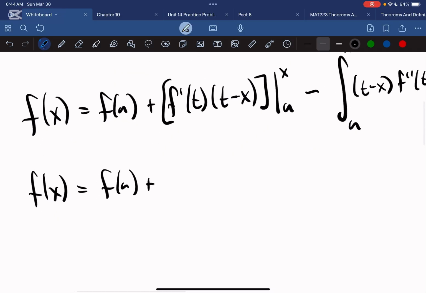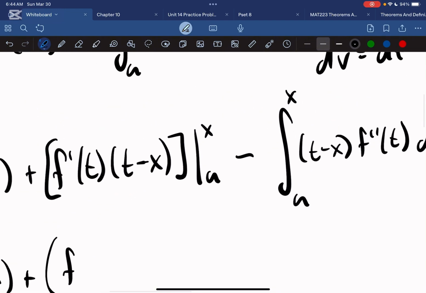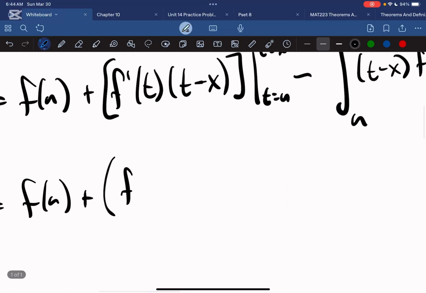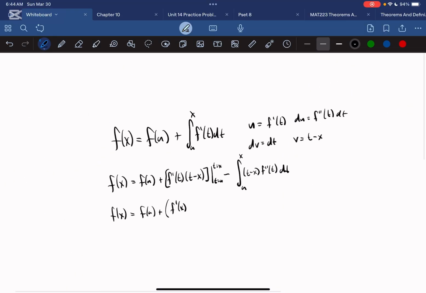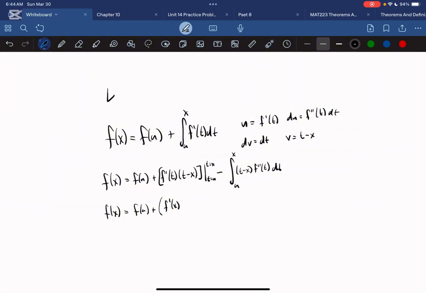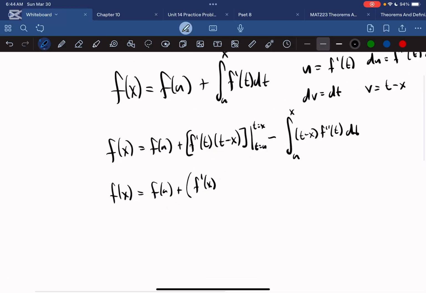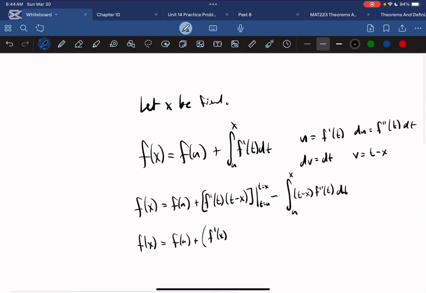So we're evaluating this at t. In fact, we can be a bit more specific here. t is equal to x, t is equal to a. So first we have f prime at x, and x is a constant, by the way. Let x be fixed, so we're doing all of this with respect to some fixed x.